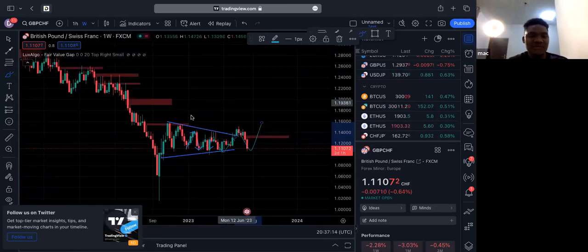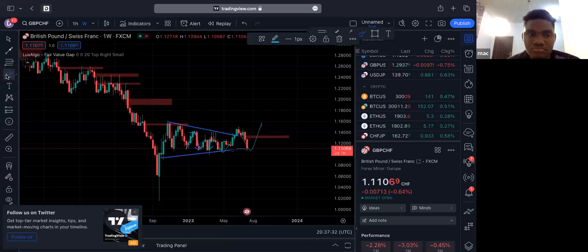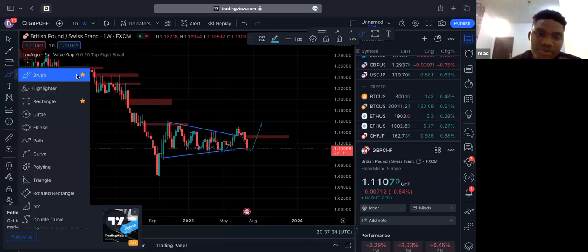This was a wedge, but the wedge is spent already. This is probably going to buy, but it might not buy.